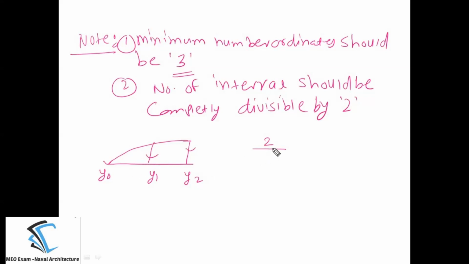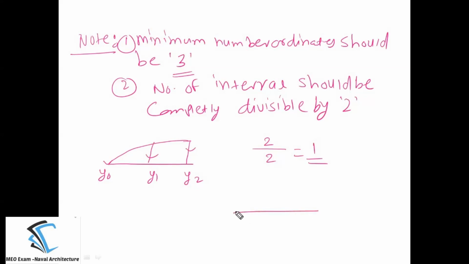And if this number of intervals is completely divisible by 2, then you can use the trapezoidal rule. Completely divisible by 2, it means that there should not be any remainder. Okay, so that's the reason now in this case we can use the trapezoidal rule. I will give one more example.